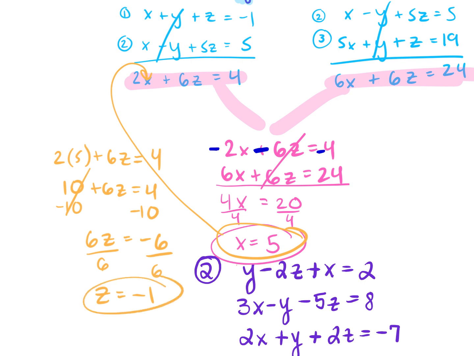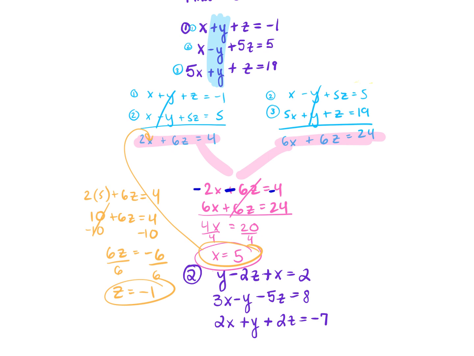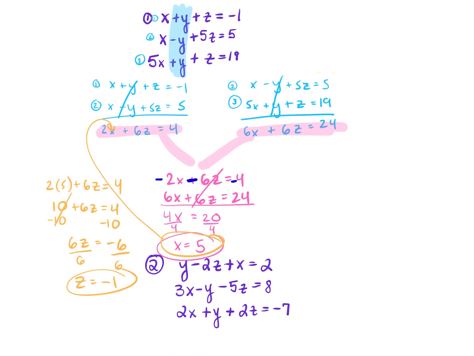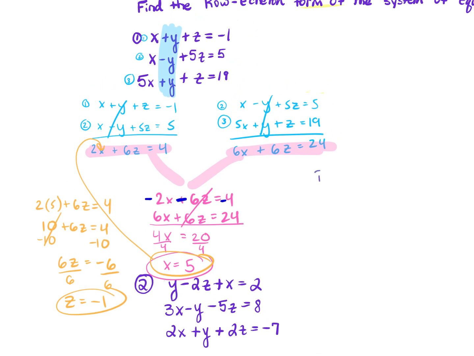Now we have x and we have z. How would we find y? Plug it into one of the originals. The numbers look a little bit easier in 1, but it doesn't matter which equation you plug it into. You can plug it into any one. So x is 5 plus y plus z, which would be minus 1, is equal to negative 1.